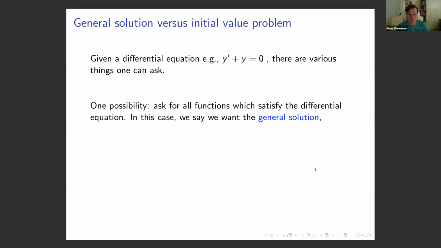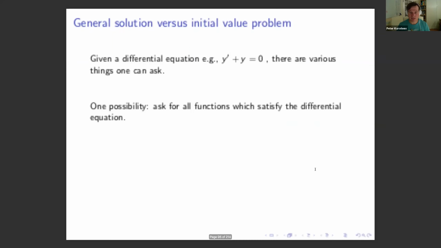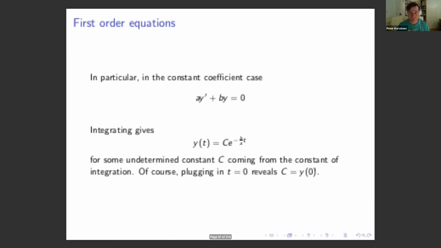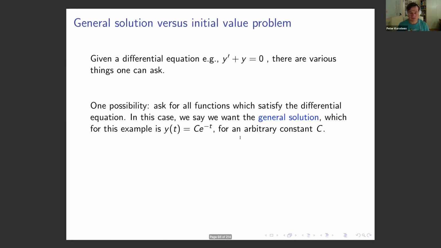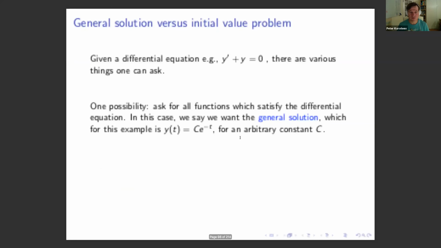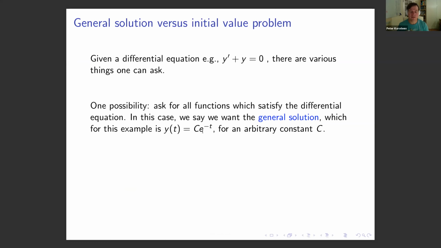In this case, we want the general solution, which in this example, if you simply plug in a equals 1 and b equals 1, you'll get y equal to c times e to the negative t for an arbitrary constant c. So the general solution depends on this arbitrary constant.